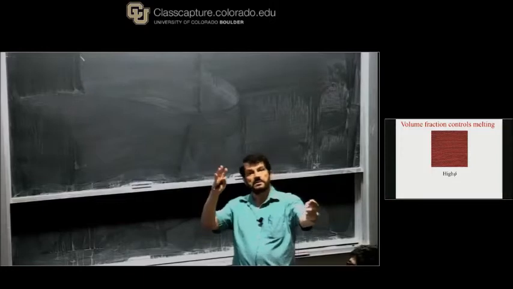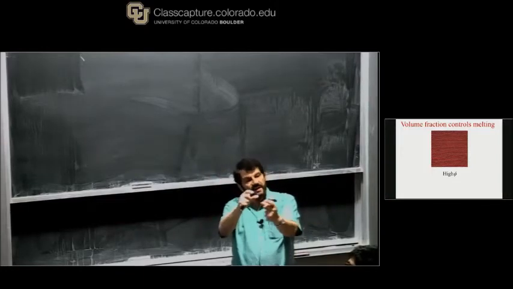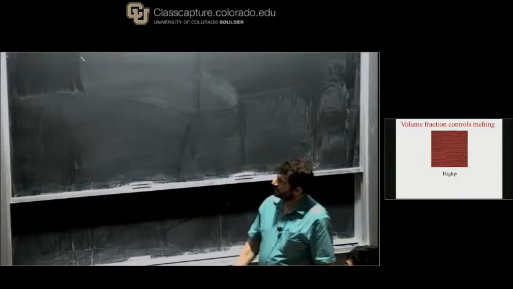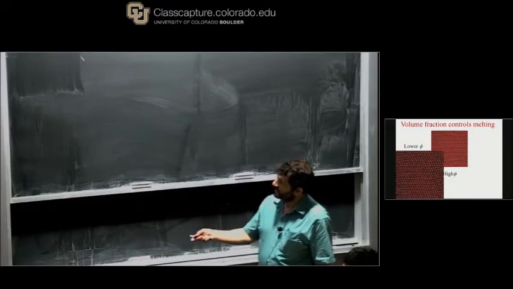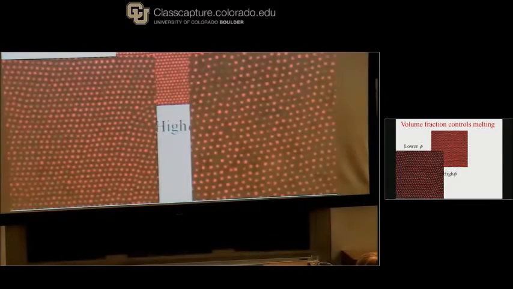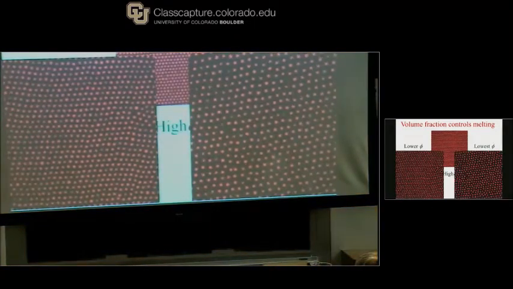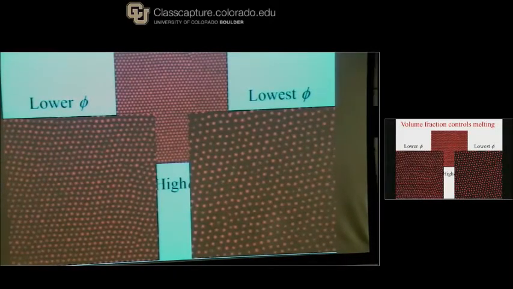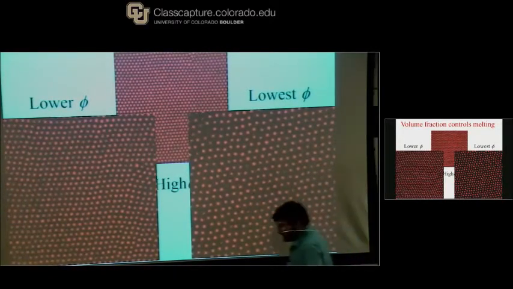You're bringing them closer and closer together until they feel the interaction. So this is a relatively high volume fraction. I can decrease the volume fraction. If you look carefully, you'll see this is actually a movie. You can see the fluctuations. If I go to really low volume fractions, they're still crystalline, but you can see they're really fluctuating. So you can do this very nicely with colloids.